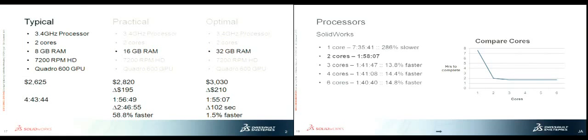When we switch over to our practical and our optimal machines, 4 cores is going to be our practical, 6 cores is going to be our optimal. So for an additional $745, you're gaining almost 65% worth of performance there. You step that up a little bit more, and we're sitting at 0.5% faster. So the choice is up to you as far as which way you go with that, but I think 4 cores is a good starting point.